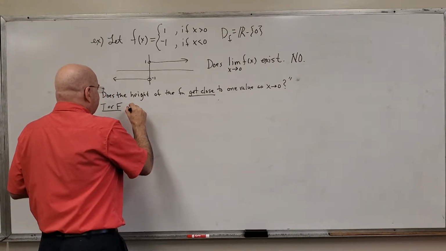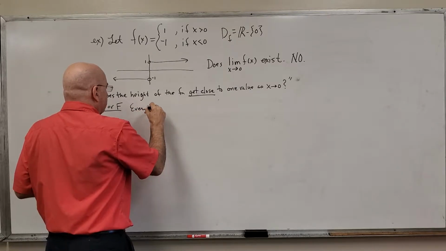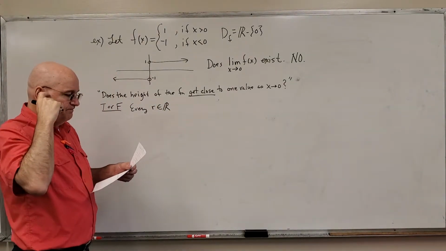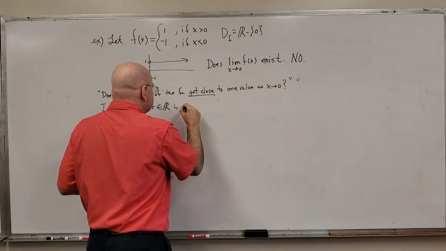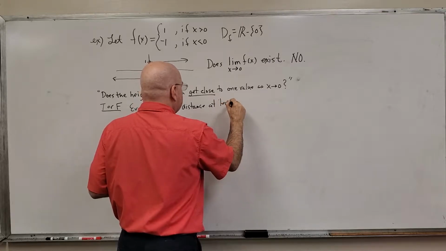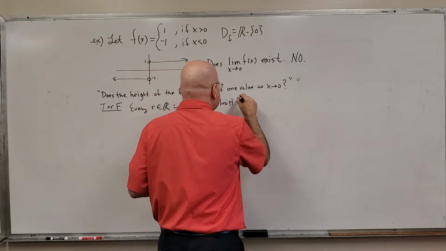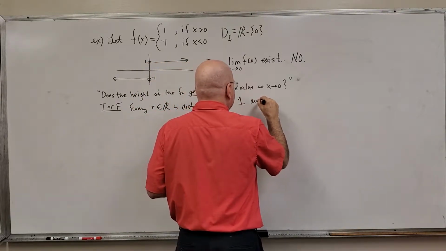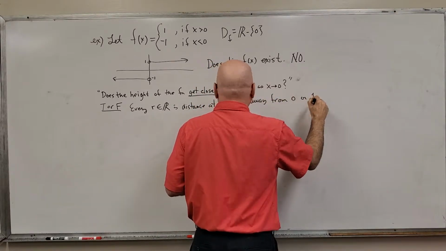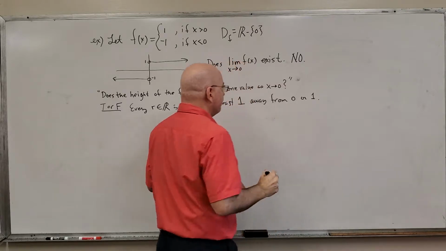True or false: every real number r is distance at least 1 away from 0 or 1.